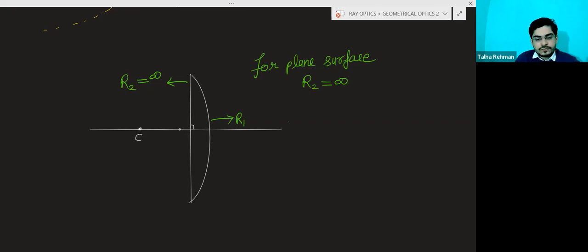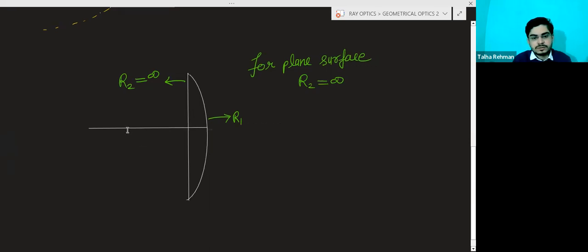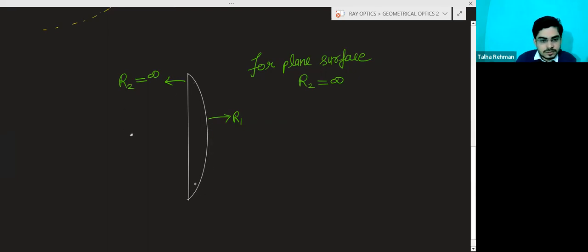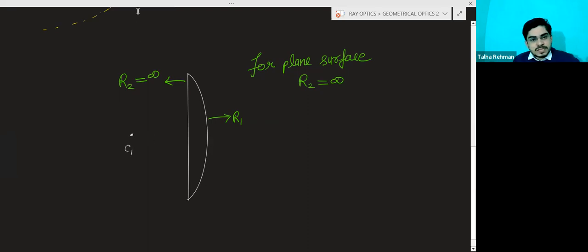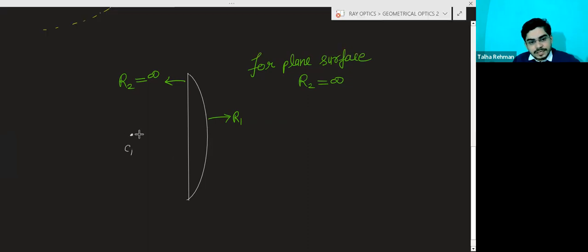center of the spherical surface. Once again I'm telling how to do this. Here will be the center of this spherical surface. Suppose this is C1. So for the principal axis, you will just join the center of curvature to the plane surface.